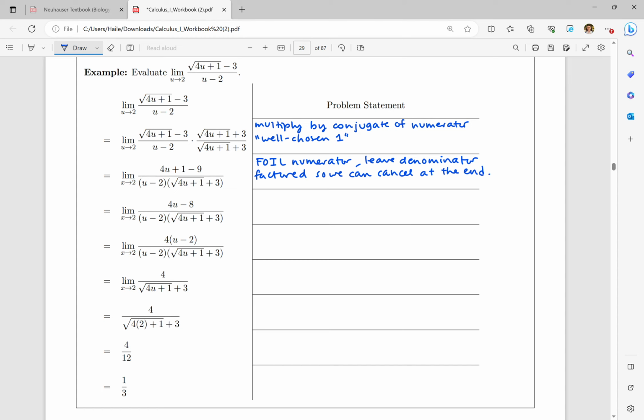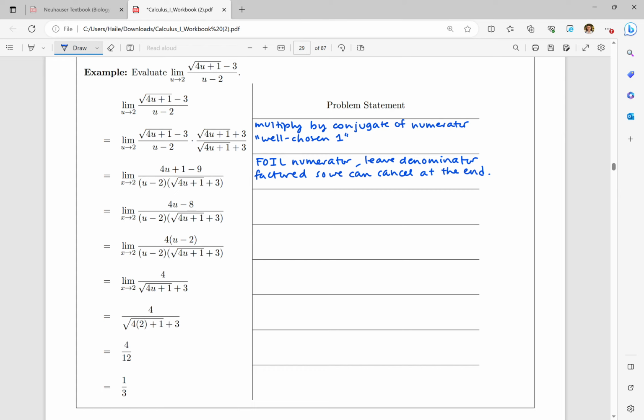Okay, so that's how we get this step. Once we've FOILed all those four things, we should end up with 4u plus 1 minus 9 over u minus 2 times the square root of 4u plus 1 plus 3.